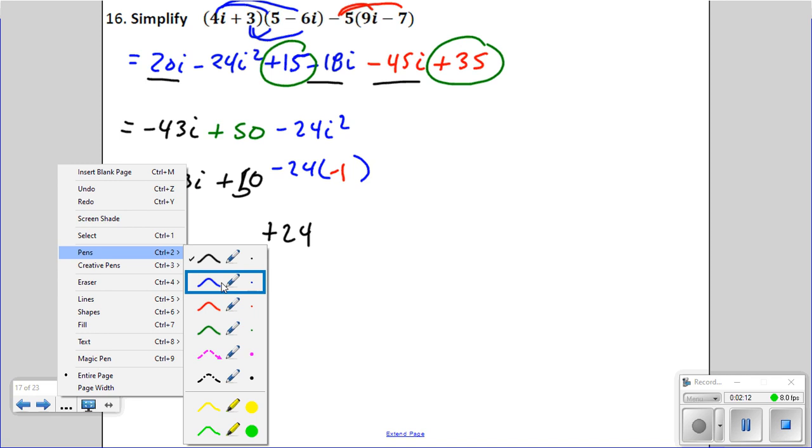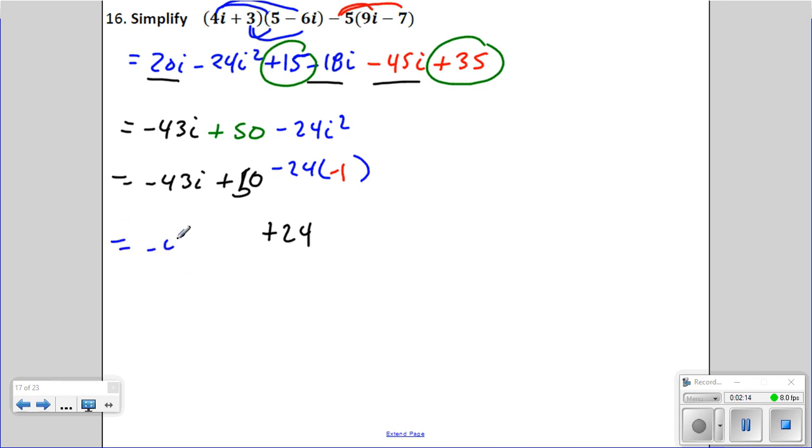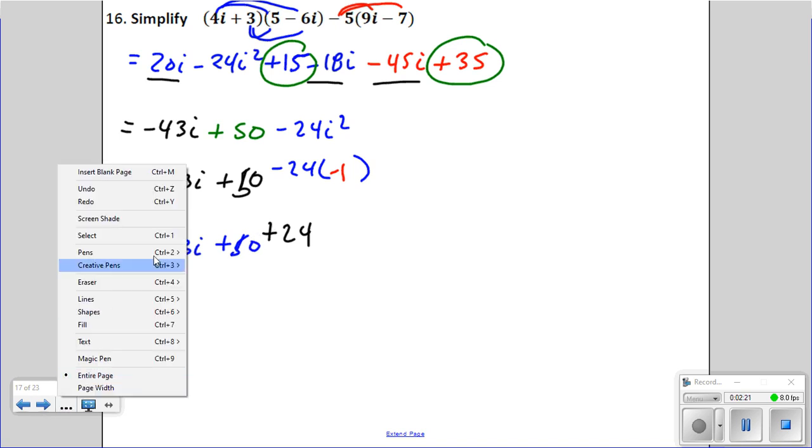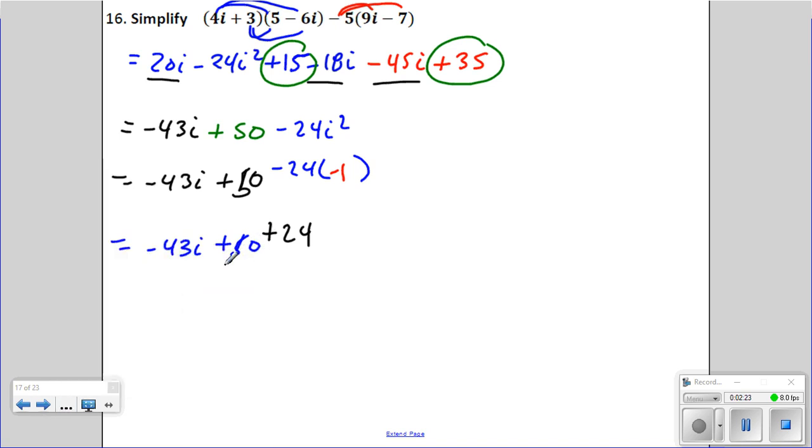Everything else comes down. So now I got 50 and 24, which make 74.